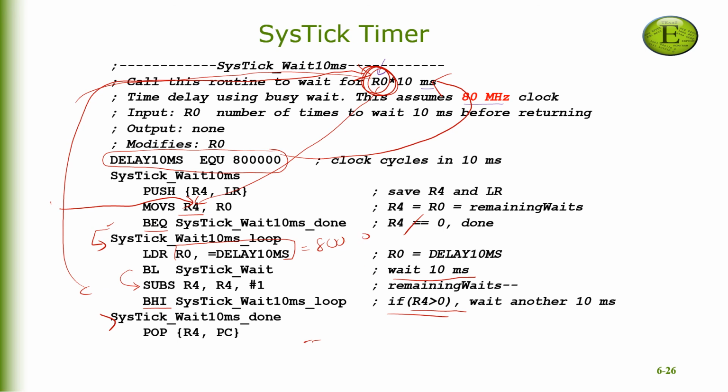We're going to go back to this instruction, load the delay amount, wait for another 10 milliseconds, and once returned, decrement R4. This will continue again and again until R4 equals 0. That's when we exit this loop and proceed to the end of the routine, that is, return to the caller.